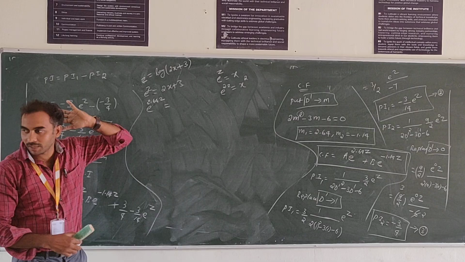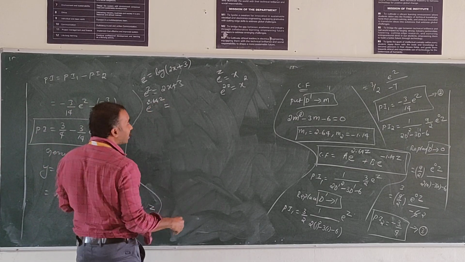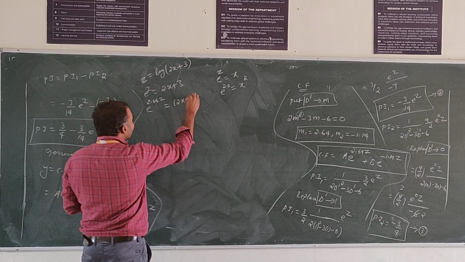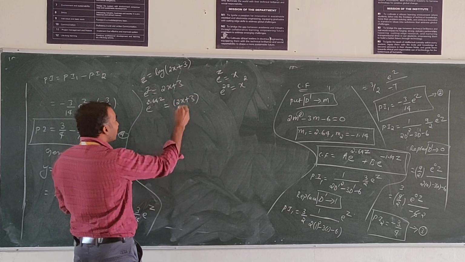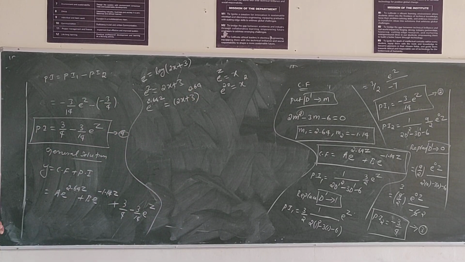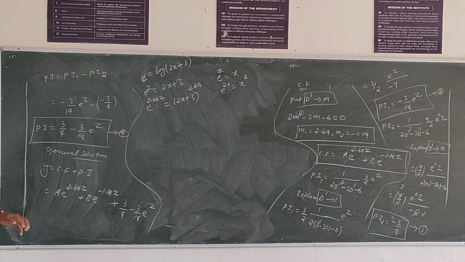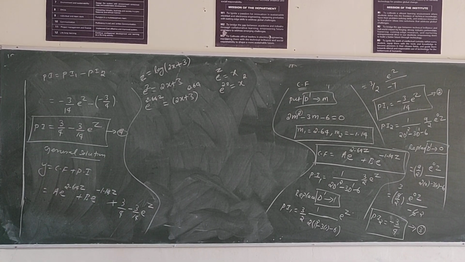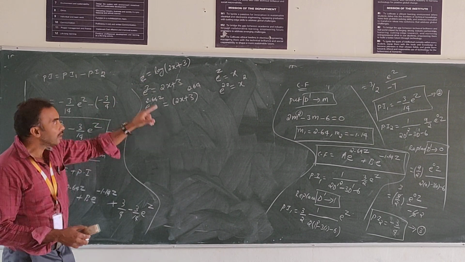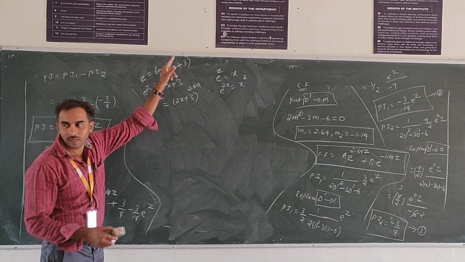So e power 2.64 z can be written as 2x plus 3 power 2.64. Don't go to that much level. Simply apply wherever you find z, simply apply log 2x plus 3.